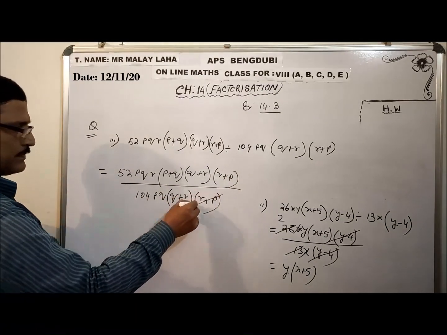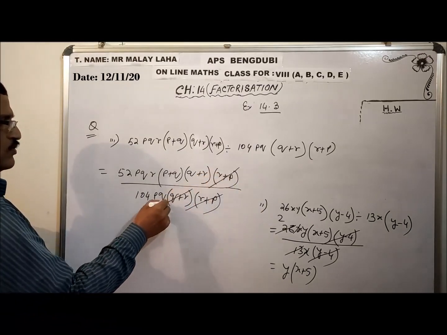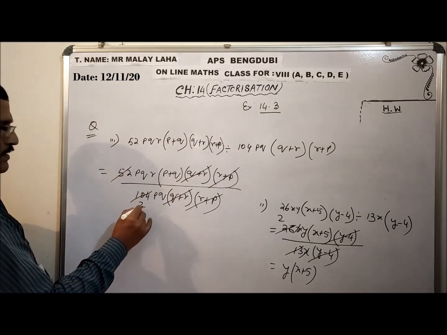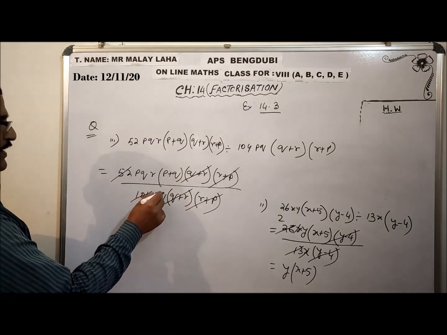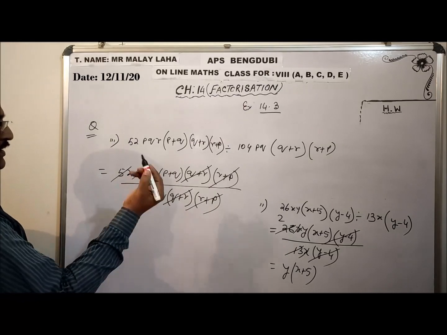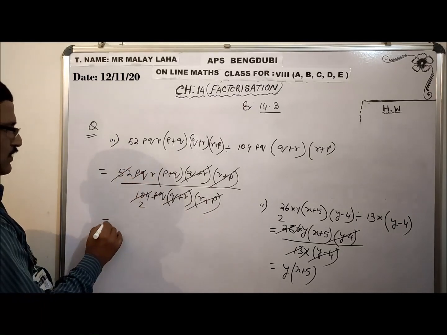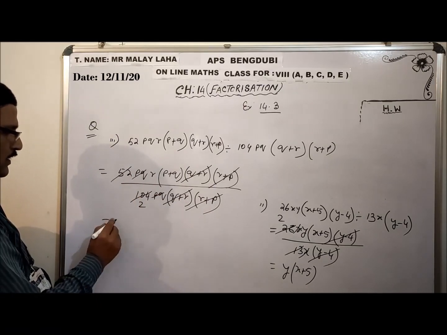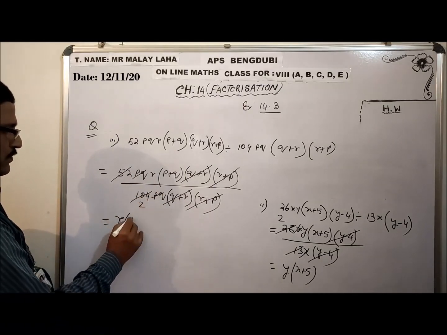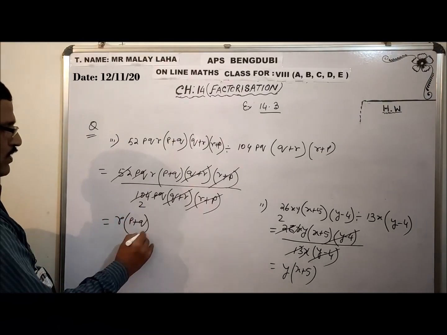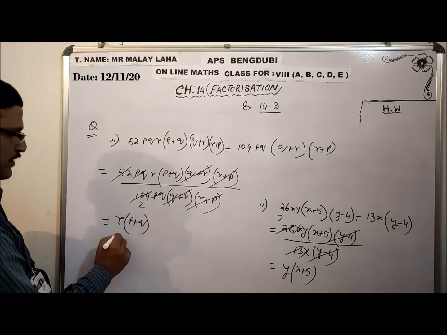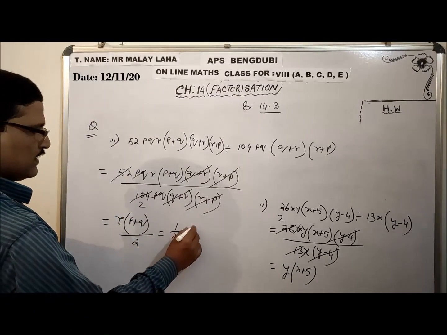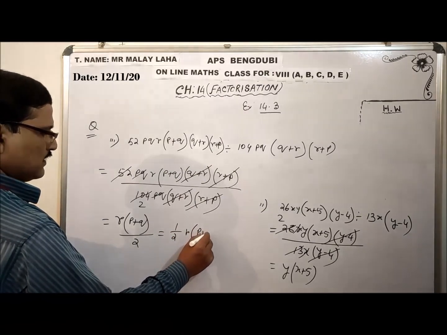Okay, (r plus p), (r plus p) cancel, (q plus r), (q plus r) cancel. 52 2s are 104 and pq, pq cancel. Then what is left out on the numerator? r is there, and (p plus q). Only 2 in the denominator. So you can write half r into (p plus q).